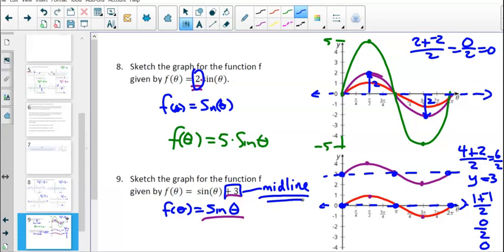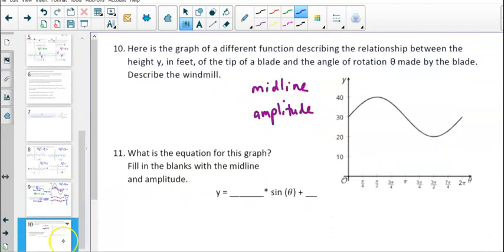Up here, the multiplication we're doing is called the amplitude, going back to the work that we did earlier. So in problem 10 and 11, what we need to consider is what's the midline and what's the amplitude.